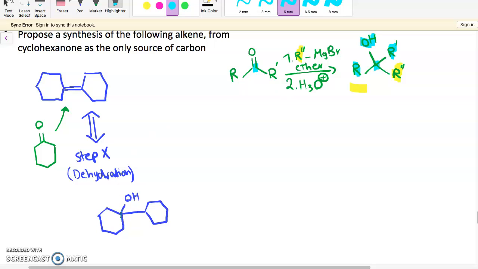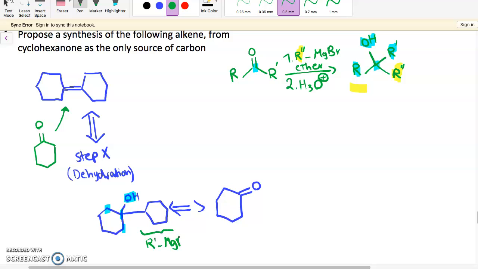So if I look at this carbon here that had the OH group, it means that that OH group was originally a carbonyl group, and these two are the R groups, or the ring. So let's just draw that. I know that must have been a ketone, which means this is my Grignard reagent.